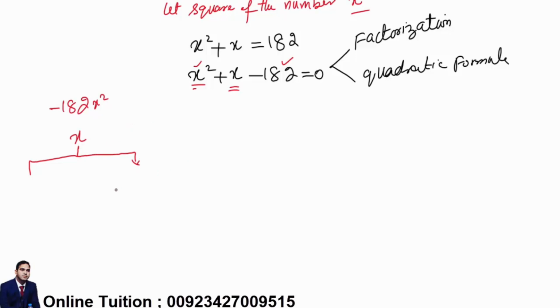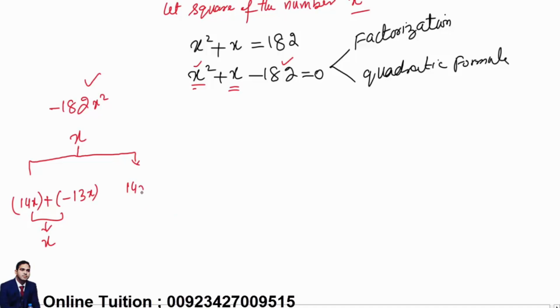The two numbers when multiplied make negative 182, and when added or subtracted make x again. So 14x, this is a number, plus negative 13x. When we solve them we have x.